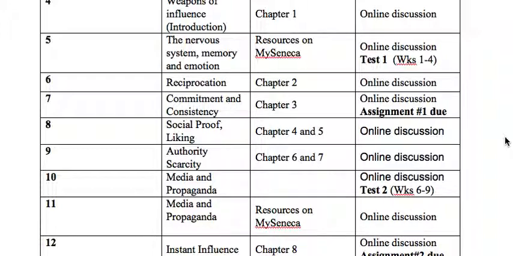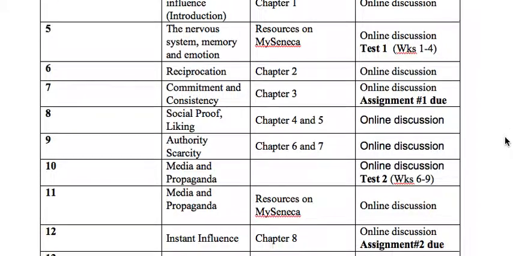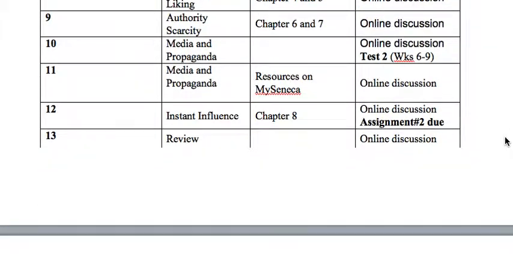Week 9, we're going to be looking at authority and scarcity, which are chapters 6 and 7, and we'll have an online discussion during that week as well. Week 10, we're going to focus on media and propaganda. There'll be resources available to you on My Seneca. And you'll have a test, which is looking at chapters 6 to 9.